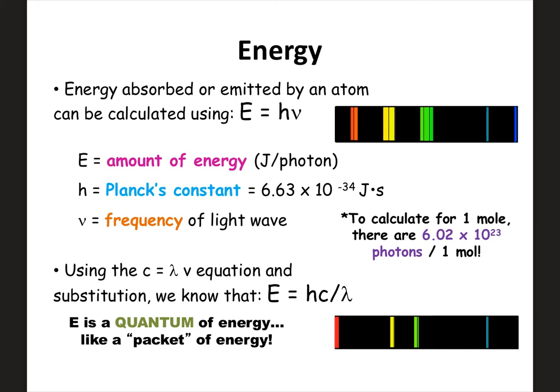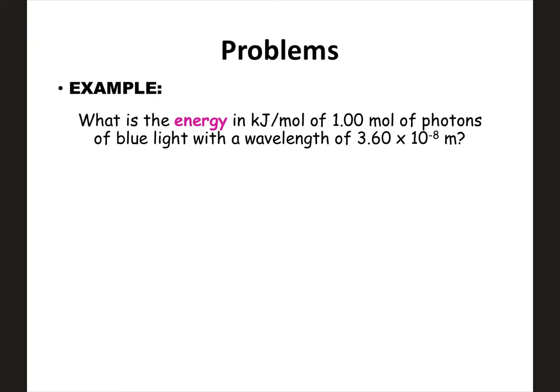So you may have to use this value in order to find this amount of energy for every mole. So just be careful with that. Definitely pay attention to this. Remember, E here is going to be in joules per photon, and you might have to use the 6.02 times 10 to the 23rd photons for every mole here in some problems, which we're going to look at here since this is new. Let's do an example here.